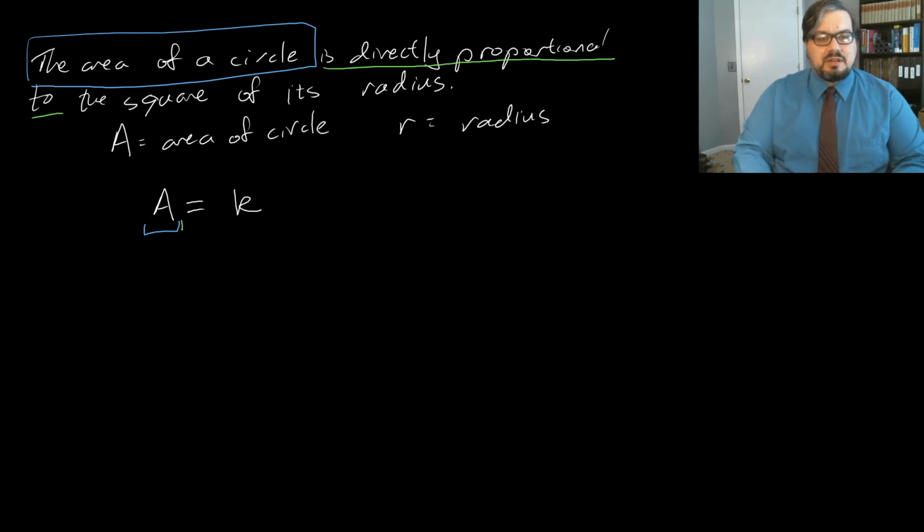So the area of the circle is directly proportional to, and then the last phrase, the square of its radius, will give us the expression R squared.